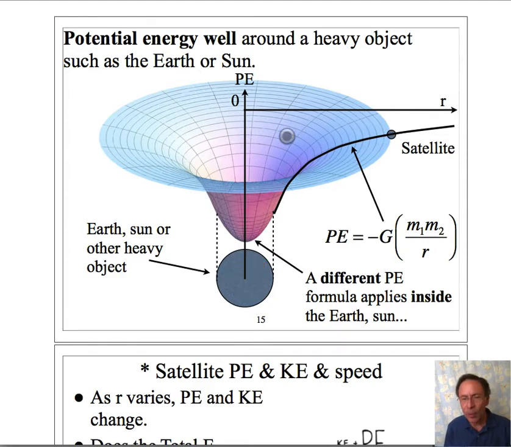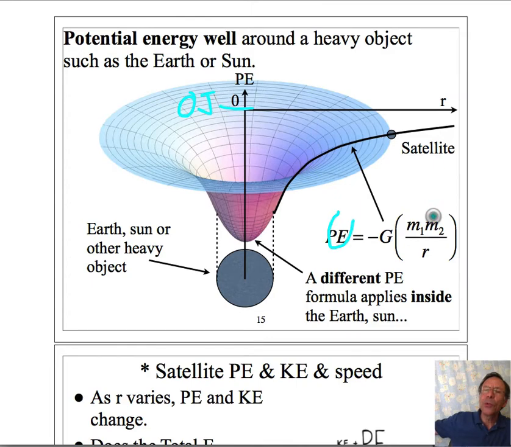Instead, what the physicists and astronomers do is they call this place here 0 joules of potential energy. And so what that means is that when the satellite or the moon is out infinitely far away, that's when the potential energy, U, is 0.